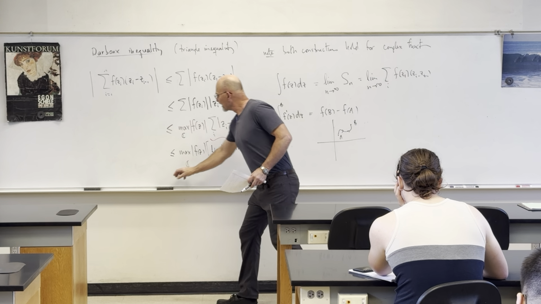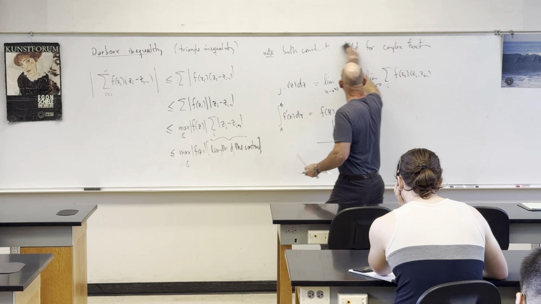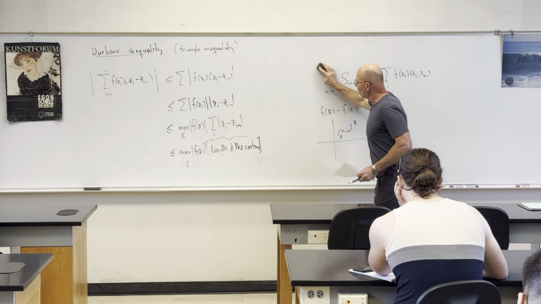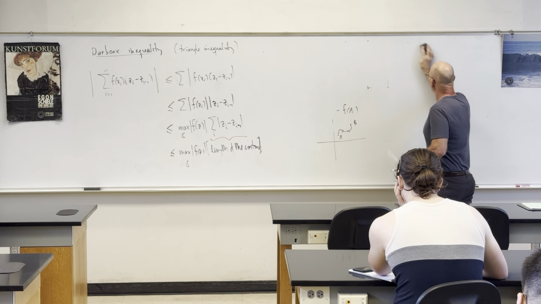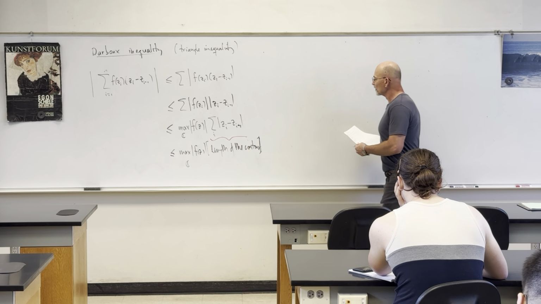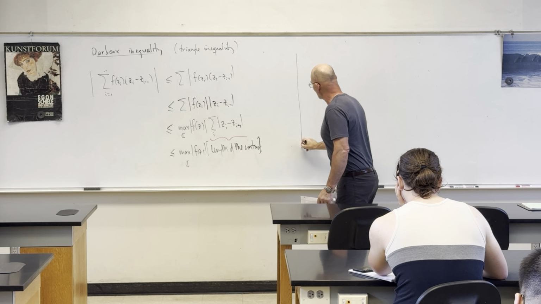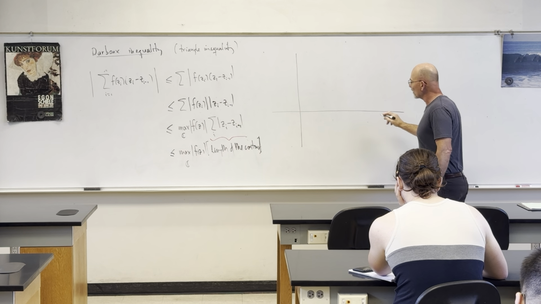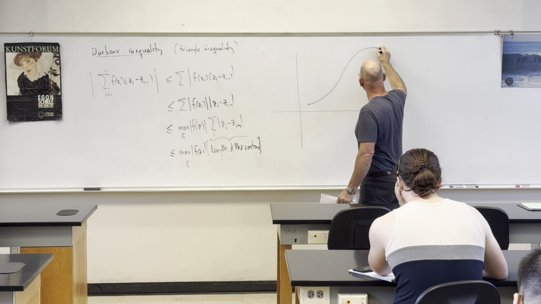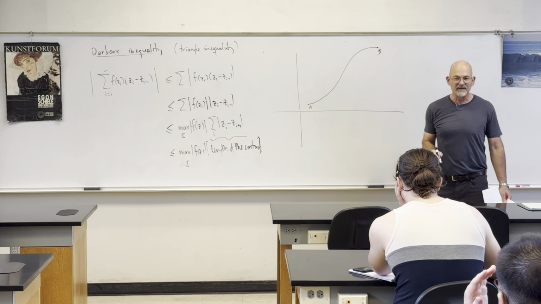So yeah, the picture that goes with this, important inequality. You can draw a little larger one. Okay, so we're here in the complex plane, we've got our points A and B, and we've got a curve that connects A and B, and that's what we were integrating along and summing along.